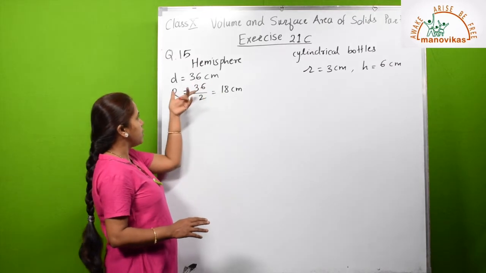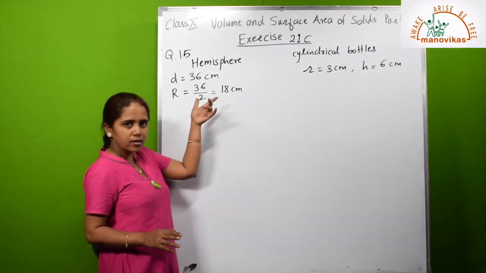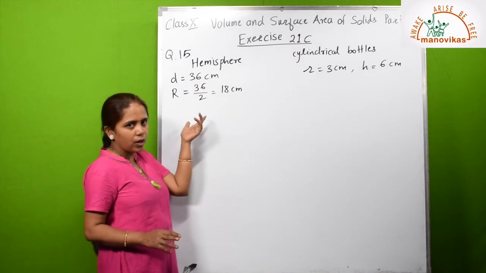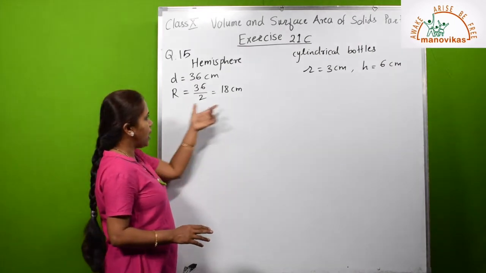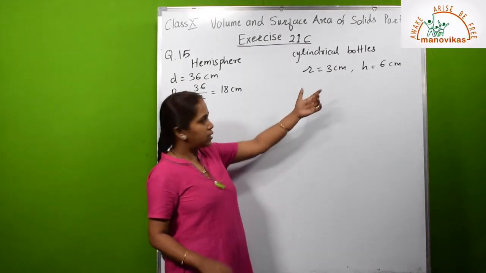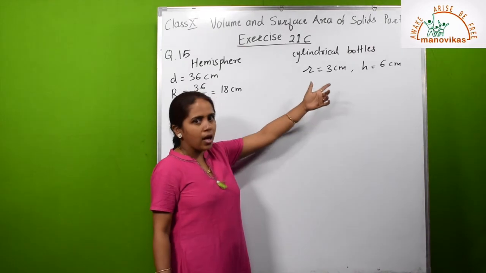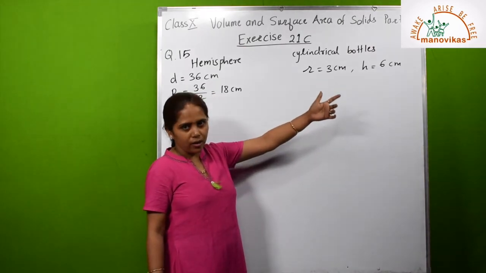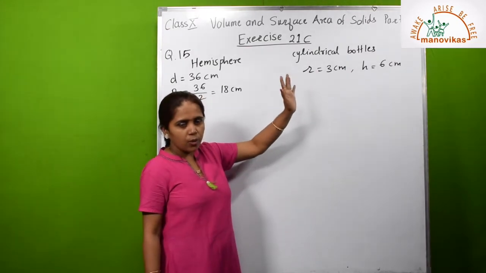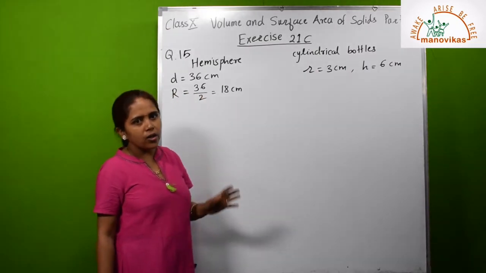For the hemisphere, diameter is given 36 cm, so radius will be 18 cm, half of the diameter, that is capital R is 18 cm. Now for the cylindrical bottles, radius is given 3 cm and height is given 6 cm, and we have to find the number of such bottles in which water will be filled.